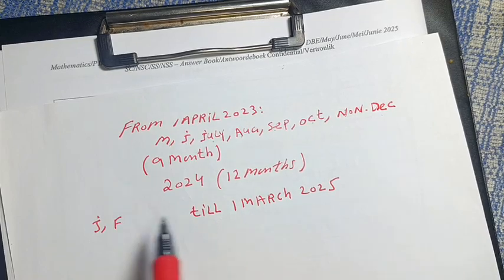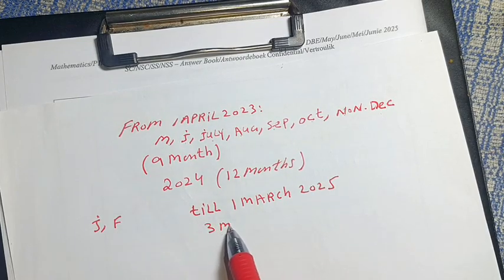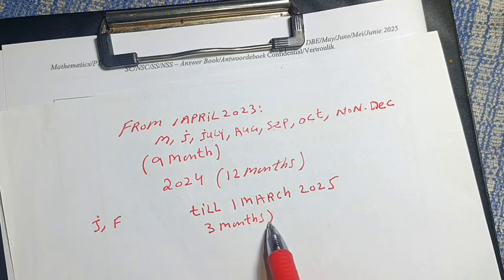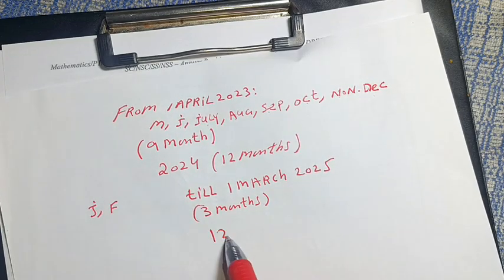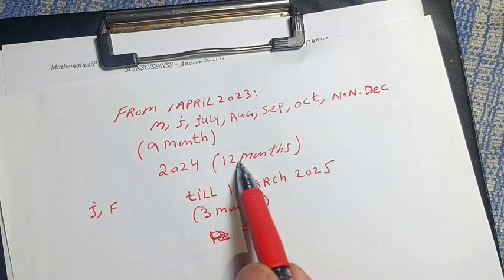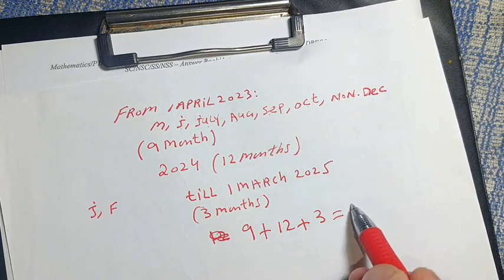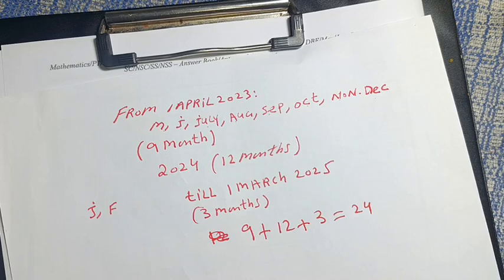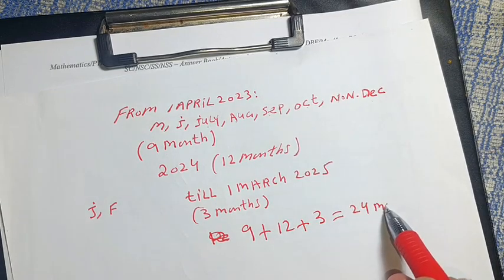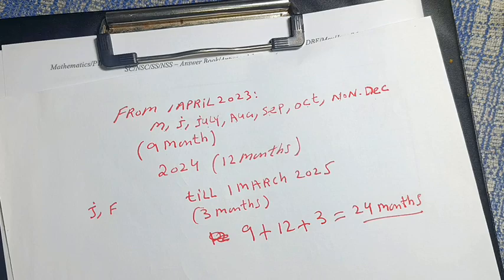Obviously before March we have the first and second months as well, January and February. So 1, 2 and 3, this is 3 months. Now we add all of these: 9 plus 12 plus 3 months. The total becomes 24 months. So our n is going to be 24.